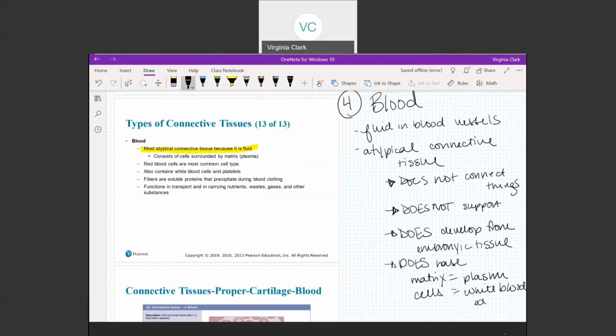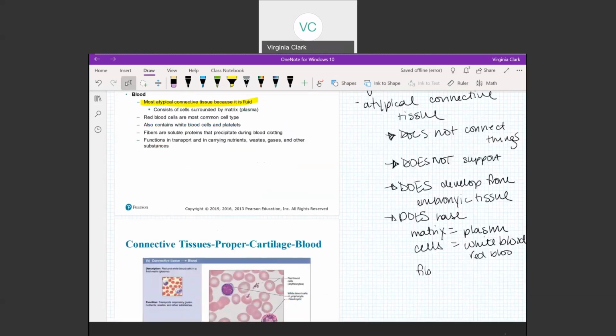But it also is going to have fibers. So it's got those three characteristics that all connective tissues have. The fibers are actually going to be the proteins that are formed from clotting. So these are considered fibers. That's why this is considered a connective tissue.